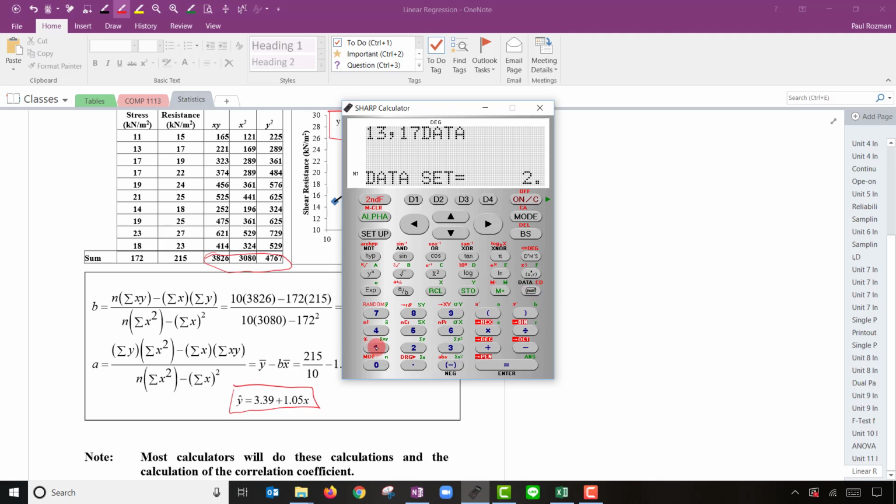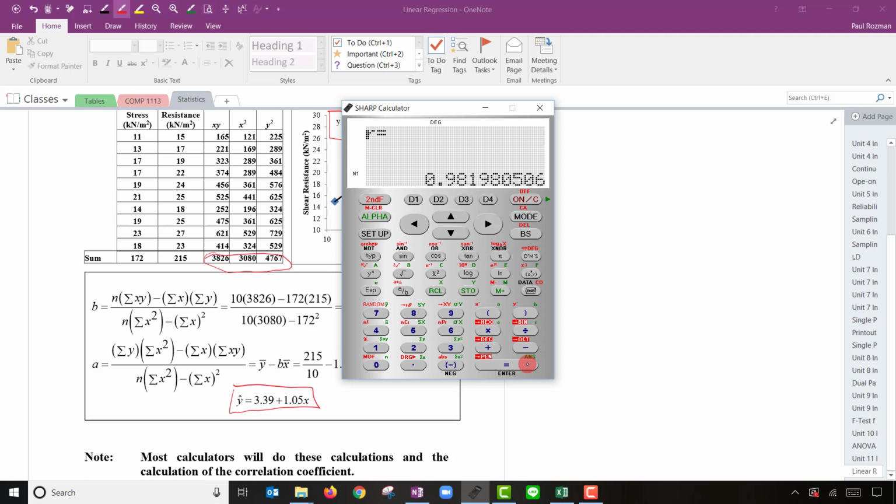And you keep doing this, 17, 19, data. So say I have the three values in there. If you look above your buttons here, your correlation coefficient is R, so it's alpha and the divide sign, and it gives me the correlation coefficient.